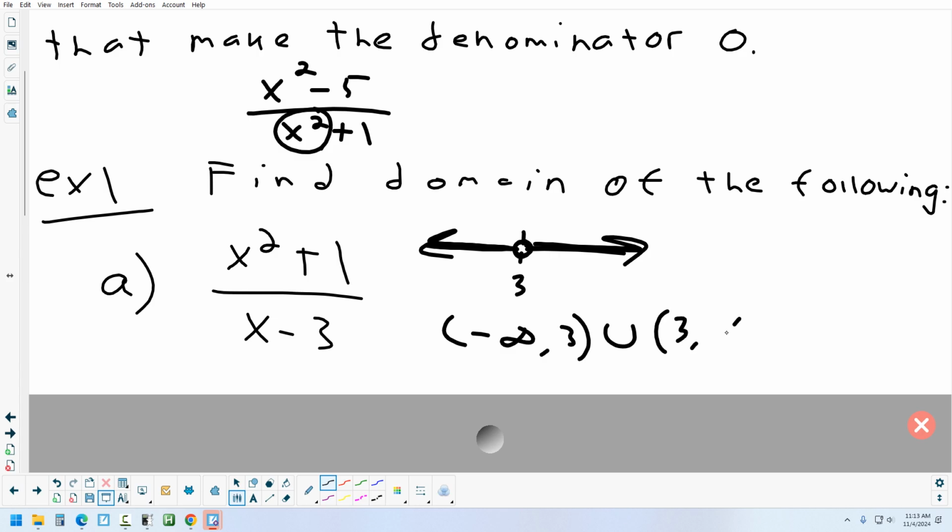An open interval from 3 to infinity. That's how you'd write the domain in this problem. Generally, when you have one number you need to exclude from the domain, you have to write 2 intervals. Excluding one number means you write 2 intervals. It's like taking a strip of paper and cutting it once. You get 2 pieces.